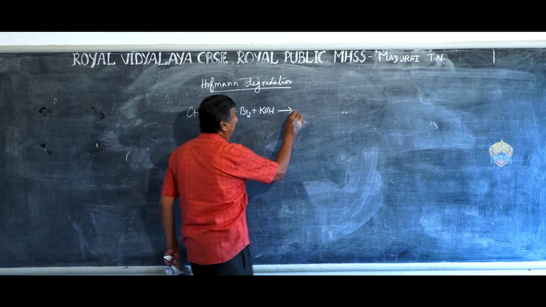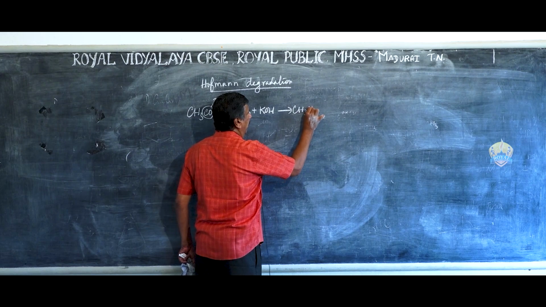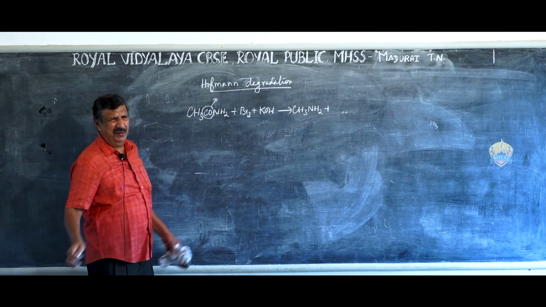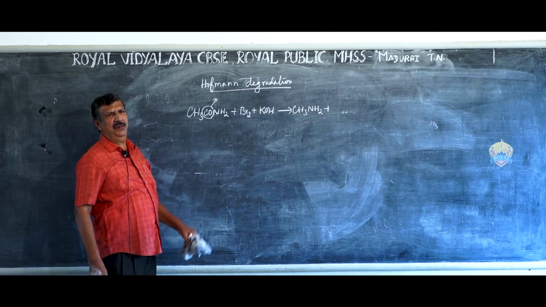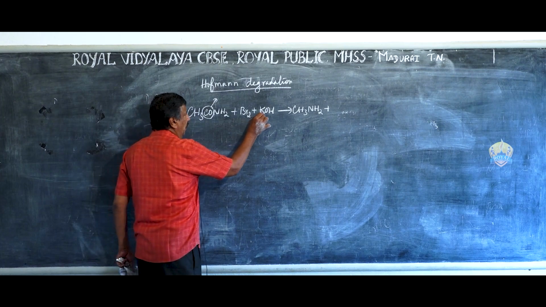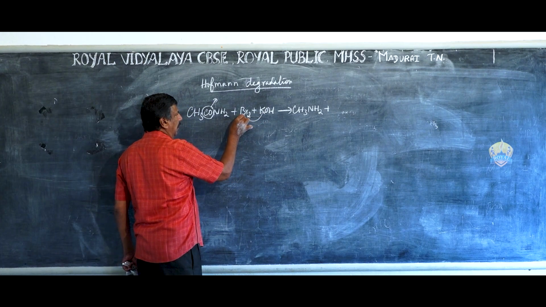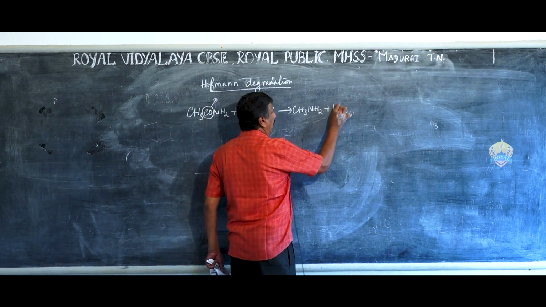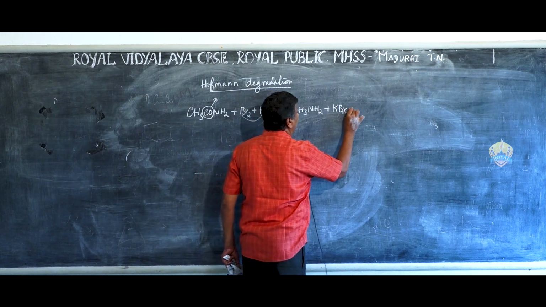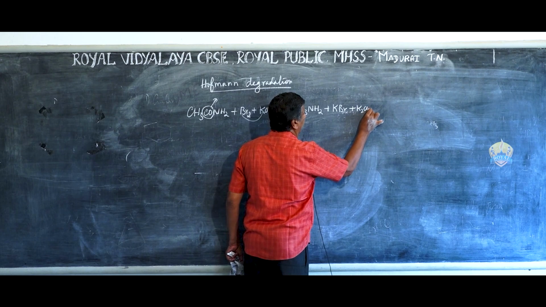So what will be the product? Methylamine. What are the other products? Don't memorize, just guess. Try to start guessing many reactions. You see, these two will combine to give potassium bromide, and this CO is converted into carbonate.